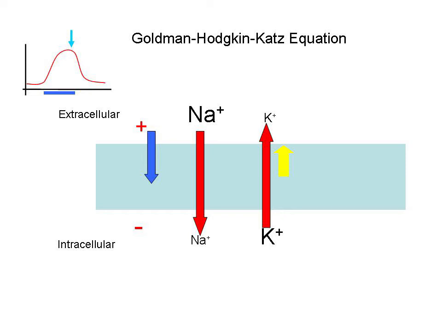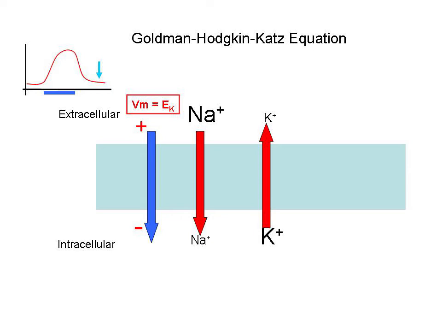The membrane potential becomes more and more negative, and when it reaches the potassium Nernst potential, the chemical potential for the potassium and the electrical potential of the membrane cancel each other out, and potassium has no net driving force at this stage.